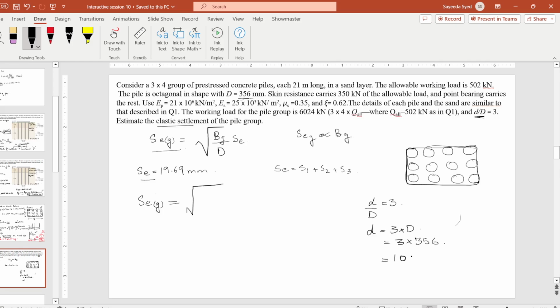Okay, so in piles there is just one more question to deal with, which is the consolidation settlement in pile groups, and we will be dealing with it after a short break.